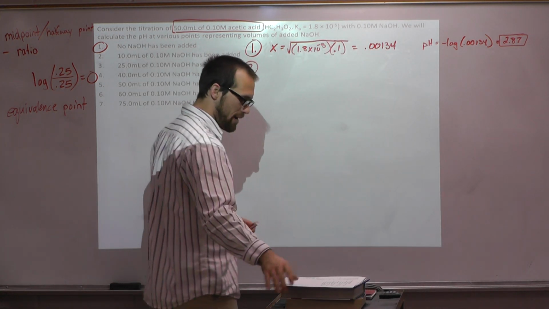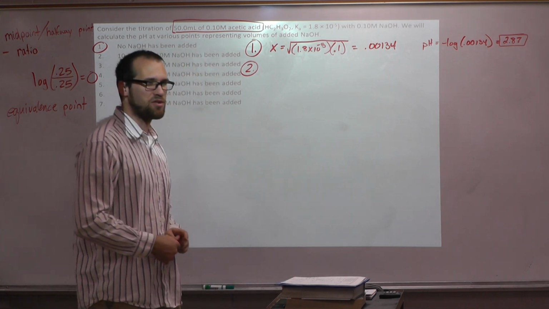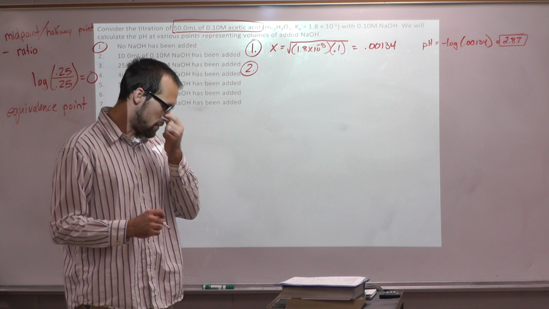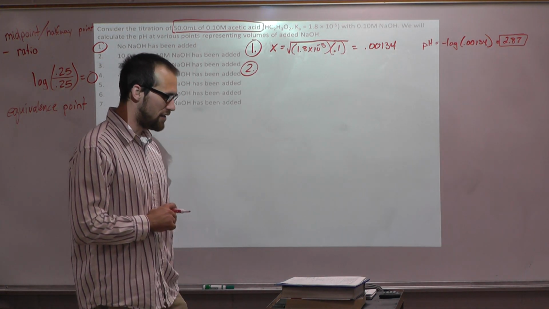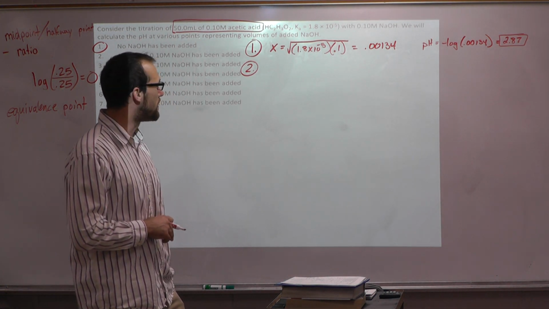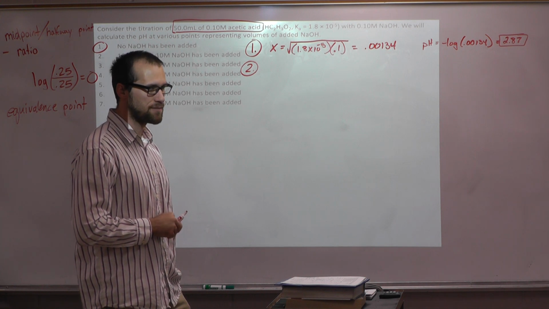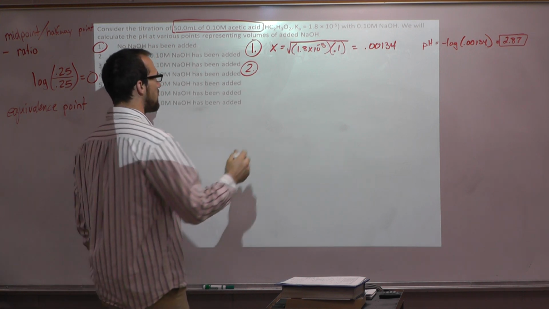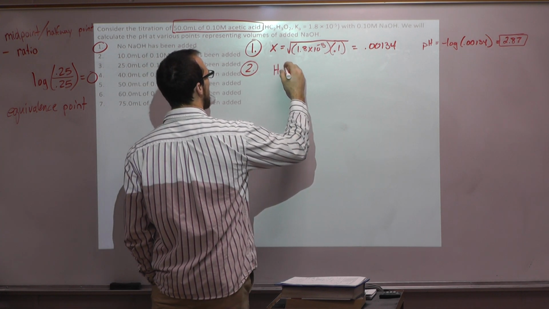And in all the buffer problems, we did the stoichiometry, then the Henderson-Hasselbalch equation, correct? So, we've got to identify the reaction that's going on here. What will react? OH with what?